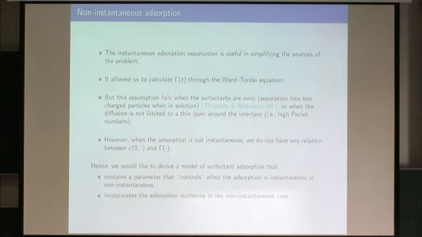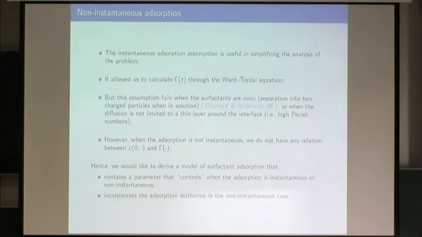So this instantaneous absorption assumption is useful because it helps us calculate the interfacial surfactant density using the Ward-Torda equation. But this assumption doesn't generally hold, in particular when the surfactants are ionic, or when the diffusion is not limited to a thin layer around the interface.